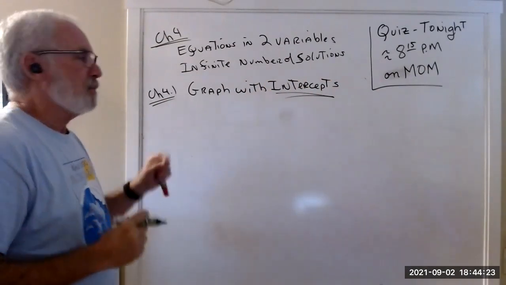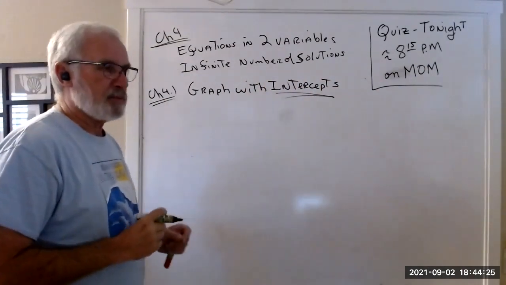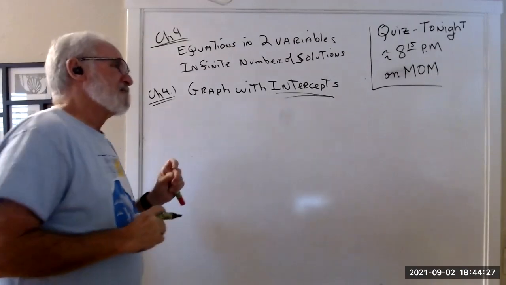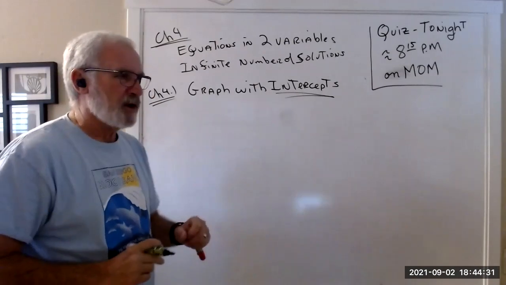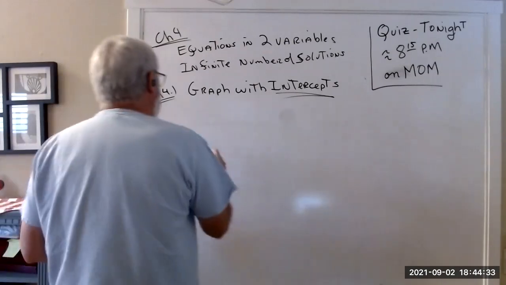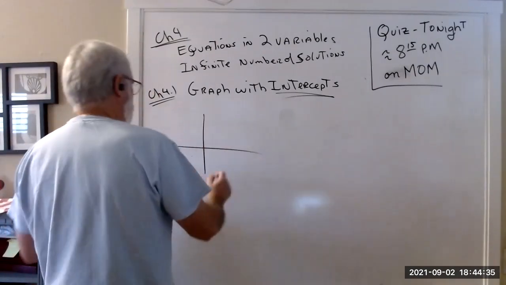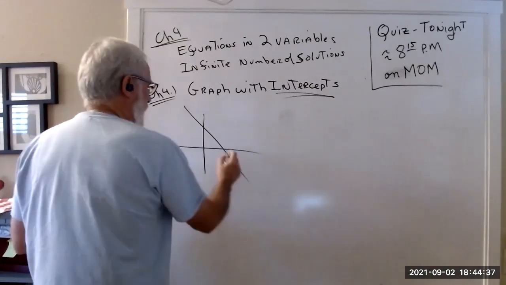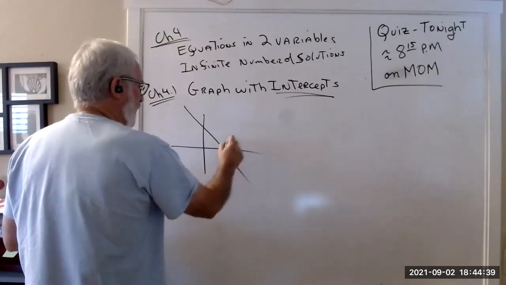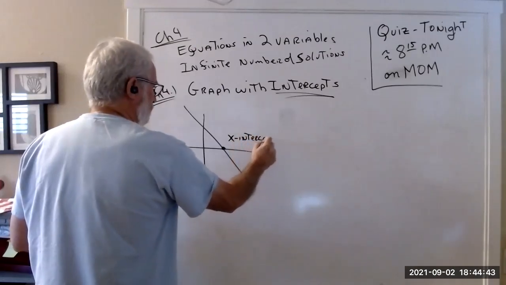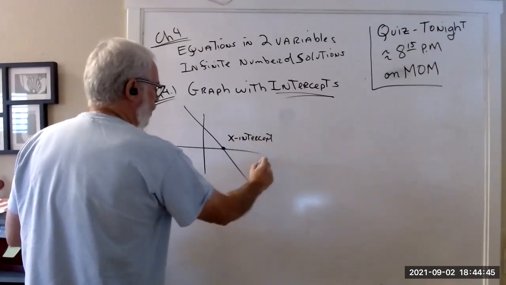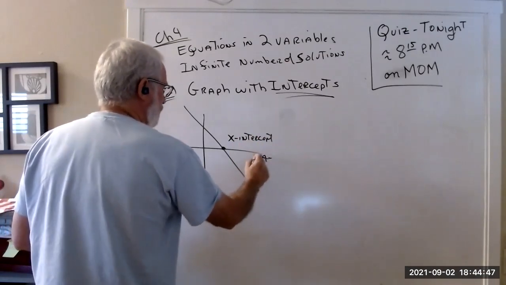Okay, but let's talk about what an intercept means. And people have a kind of an idea, but it's a false idea. When we just draw a line, whatever like that, this is called the x-intercept because it crosses the x-axis.